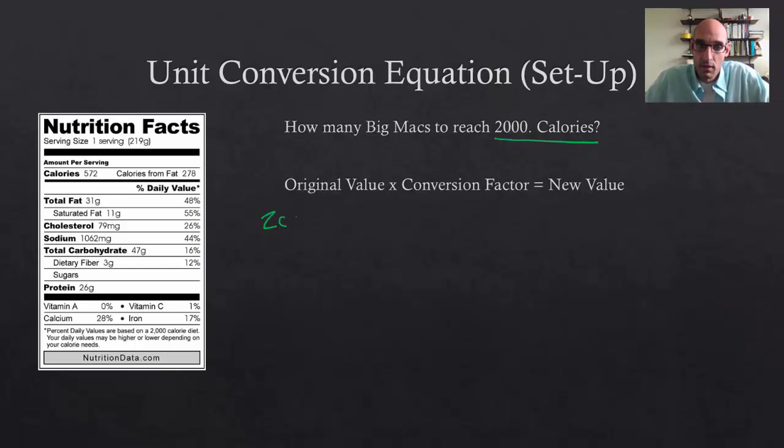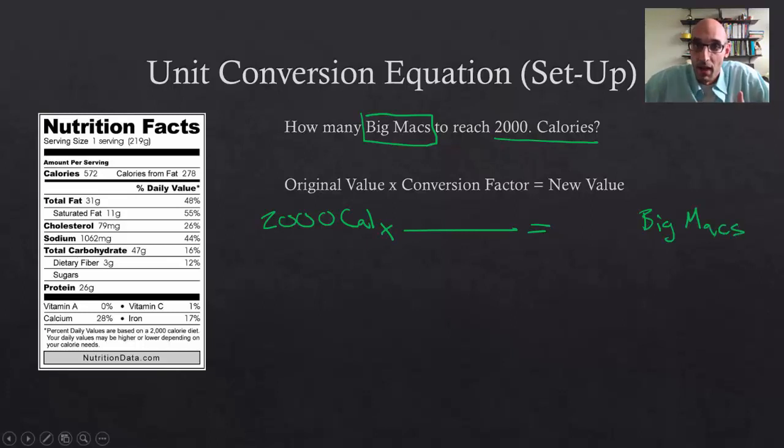2,000 calories, capital C calories, and then we'll set this up the same way we always do, equals, and there we go. So what is my new value? What do I want that new value to be? How many Big Macs? The number of Big Macs that I'm going to have to consume, that is going to be my answer. Okay, so we want our units to go from calories to Big Macs.